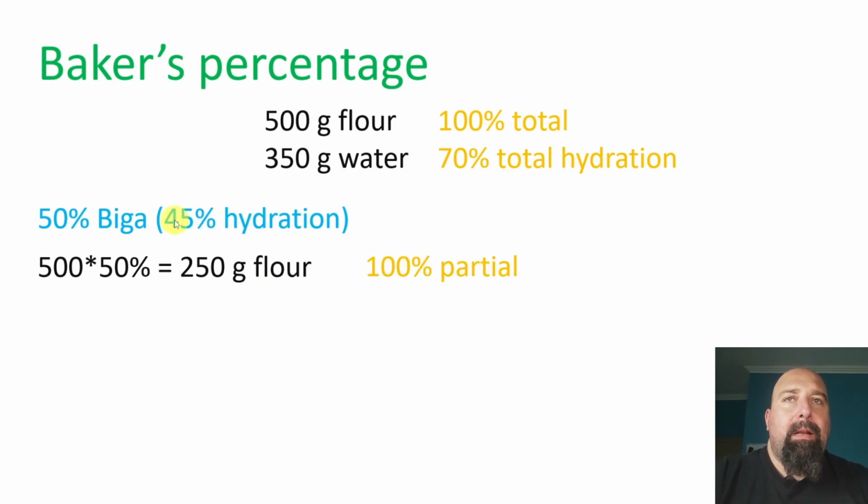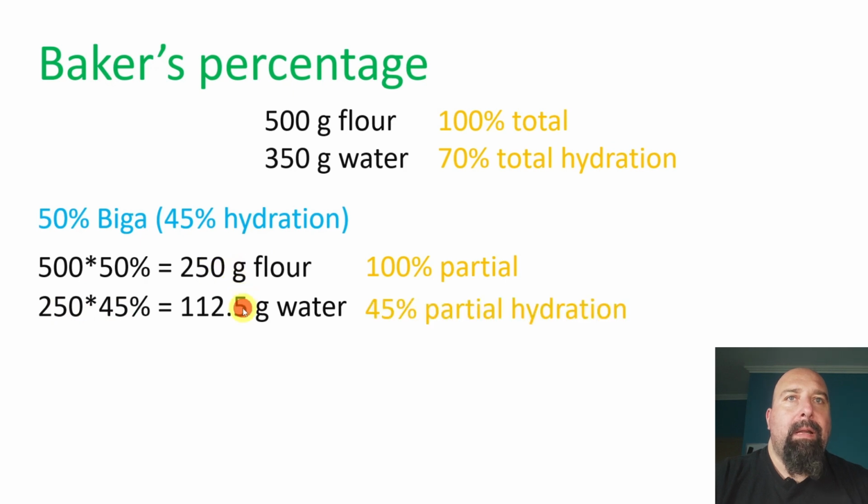So when I need to calculate this 45% of hydration, I'm not calculating on the total flour, but only on the flour that I'm using for this. So it's like a sub-recipe. In this scenario, we can see that I'm calculating that 45% of hydration based on these 250 grams of flour. So as I wrote here, it is 45% partial hydration. This hydration is part of the water that I will use in the recipe.